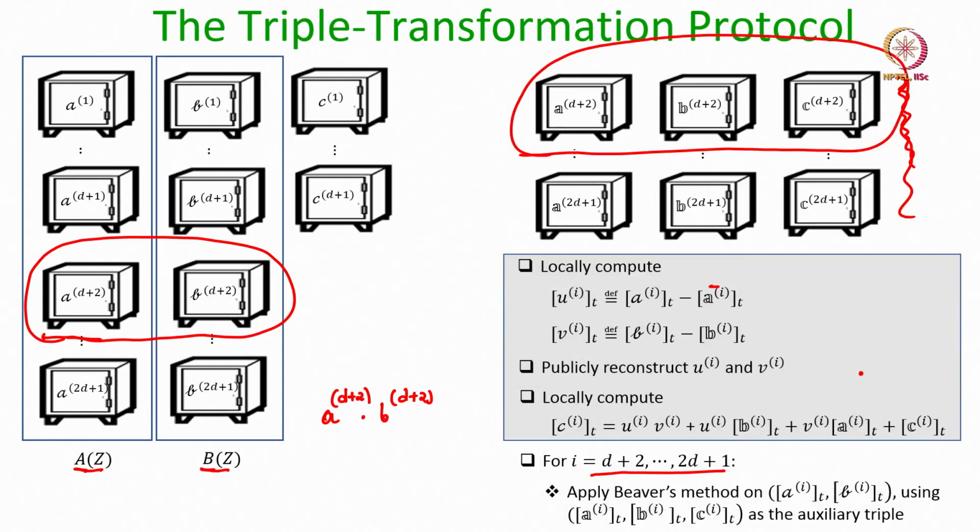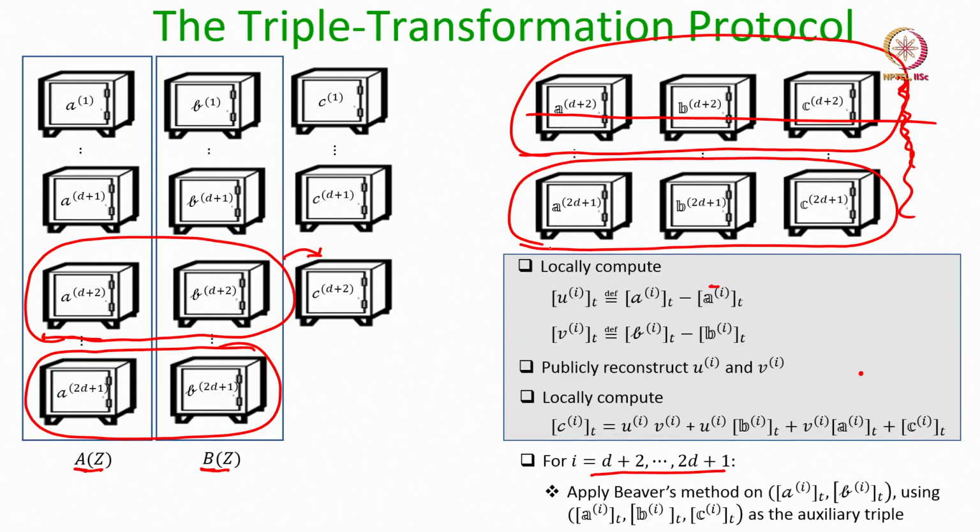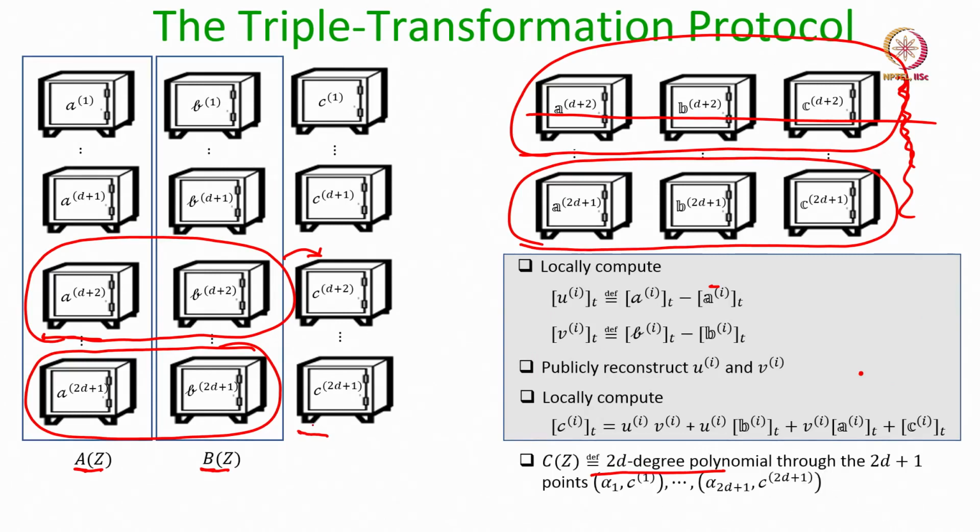I will perform this operation and that will give a secret sharing of an output value which will be T shared, and then I will simply ignore this input triplet. Like that I will take this pair of values and I will take the last secret shared input triplet, apply the Beaver's method, and then I will get a secret sharing of this value. And now I have 2d plus 1 number of secret shared C points using which I will define my C polynomial.